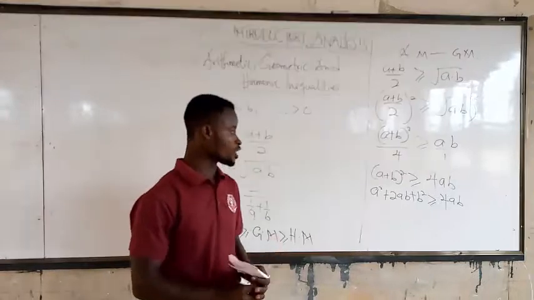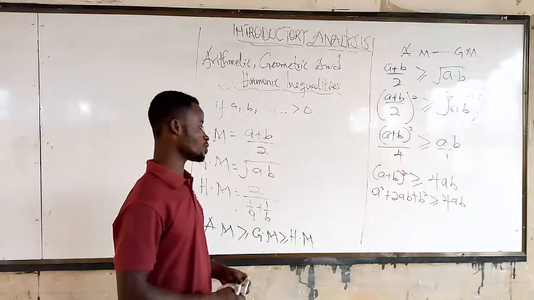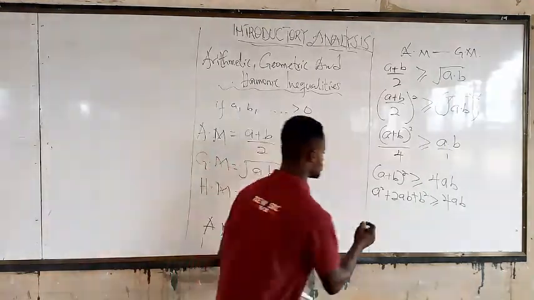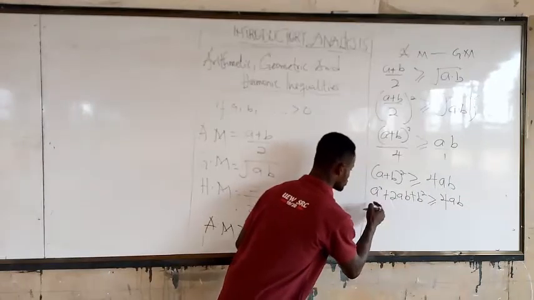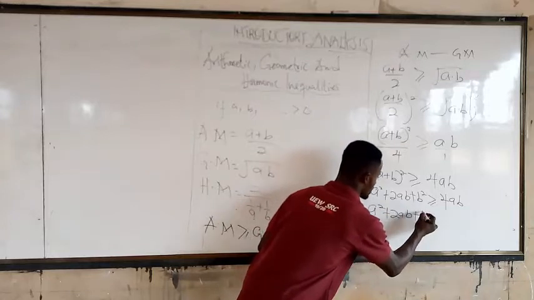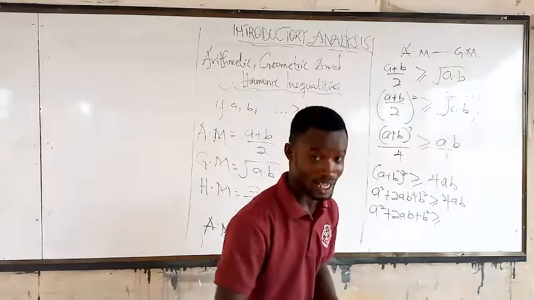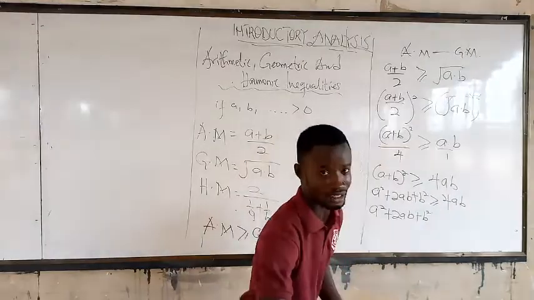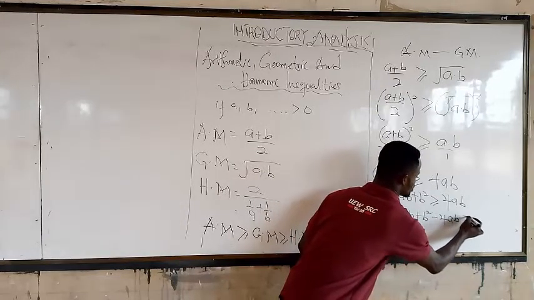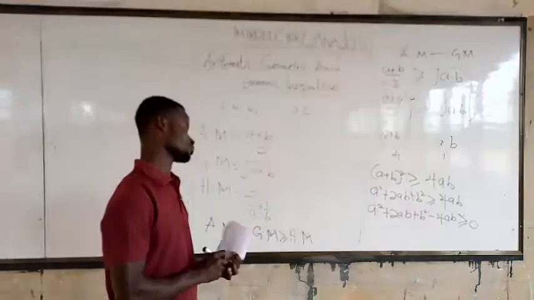Now, let's bring everything to the left hand side and make the right hand side greater than or equal to what? 0. So, A squared plus 2AB plus B squared, as I said, we are bringing it to the left hand side, minus 4AB is greater than or equal to 0.